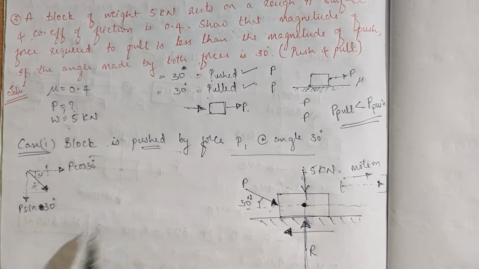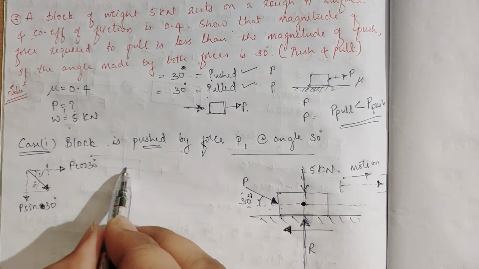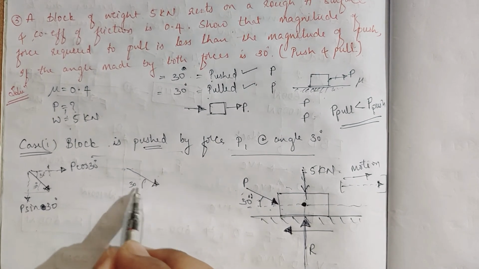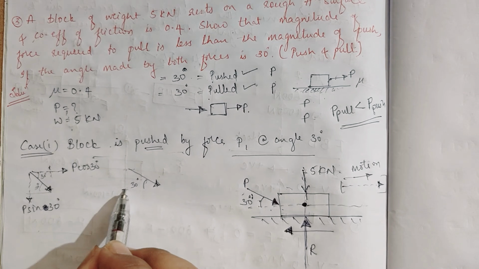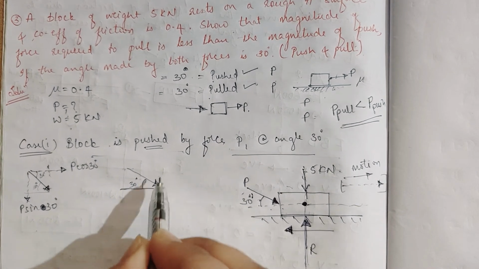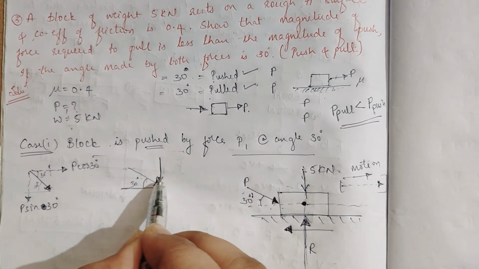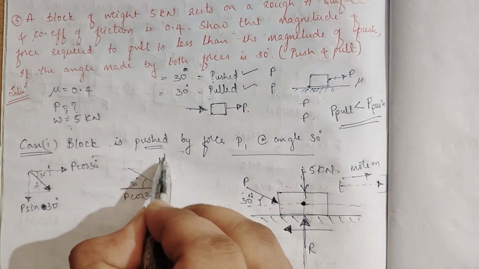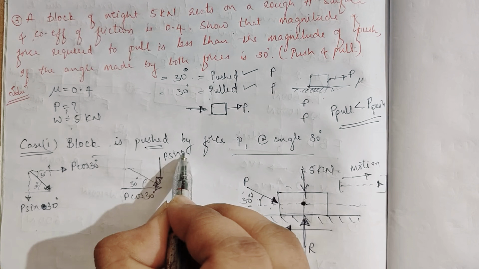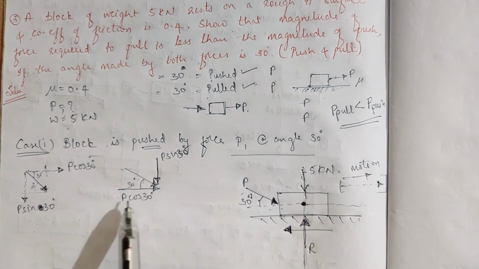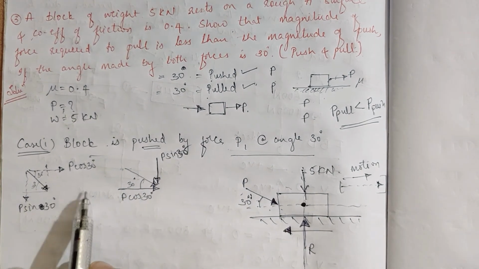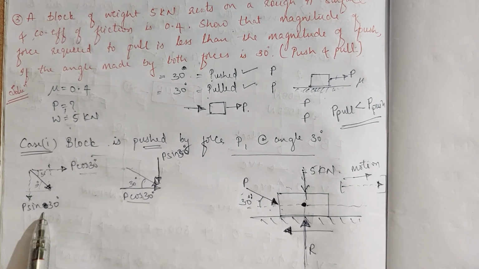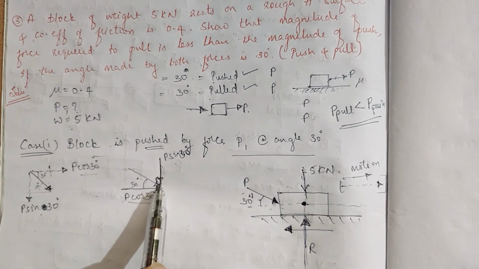Or you can also resolve like this. We know one component is like this and another component is like this. So this is P cos 30-degree and P sin 30-degree. The horizontal value is P cos 30-degree, the vertical value is P sin 30-degree.